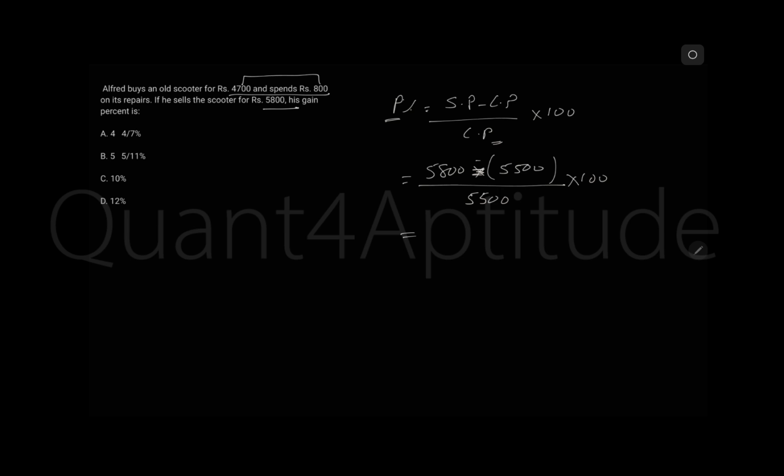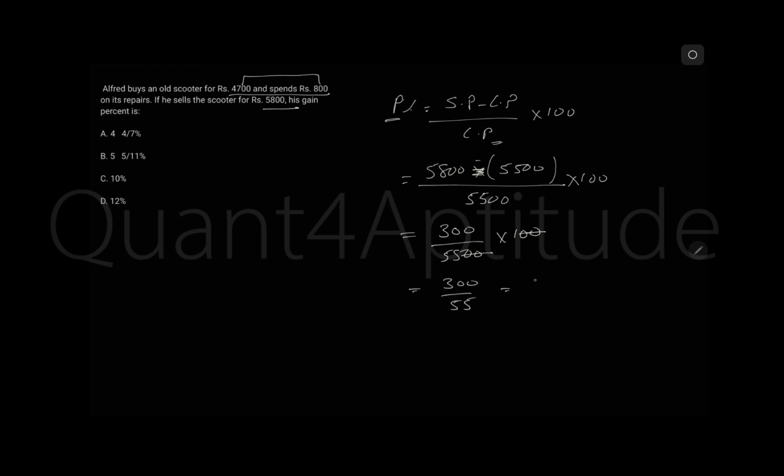Straightforward, even if you don't look at any trick or a faster way of applying it, you will still be able to do this much if you recall your concept. That is nothing but 300 divided by 5500 into 100.